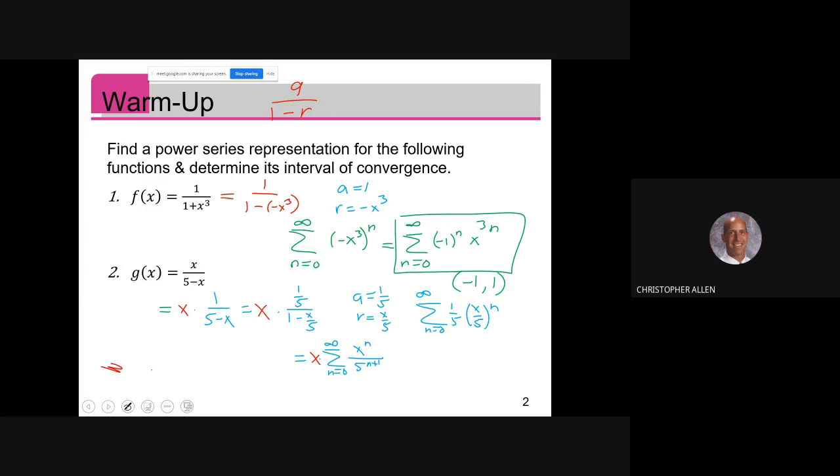So now I can just add an additional factor to the exponent, so instead of x to the n, it's x to the n plus 1. And you could just say it's x over 5 to the n plus 1. It's one way to write it. The interval of convergence there is negative 5 to 5.